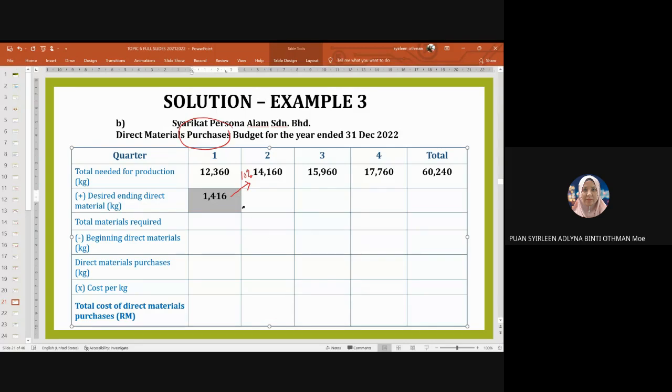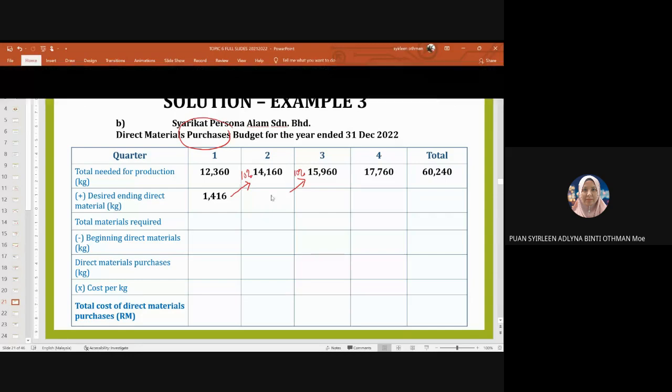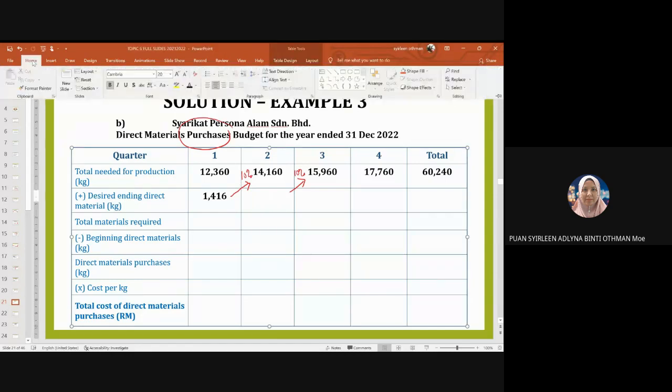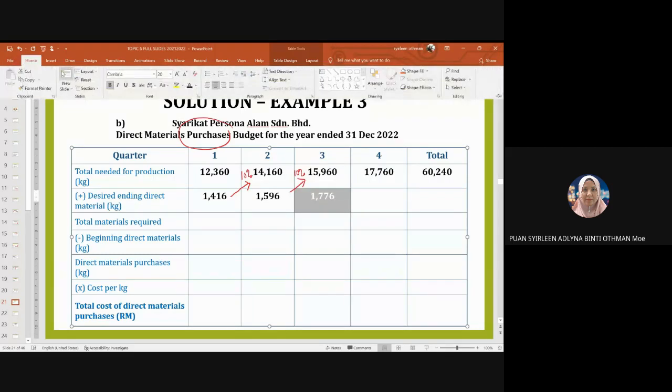Okay, so untuk second quarter ni nilai dia ialah 10% dari third quarter. Okay, so kita just darab saja. So kita akan dapat nilai dia dekat situ, 1,596. Okay, and the fourth quarter ialah 1,776. The third quarter, sorry.